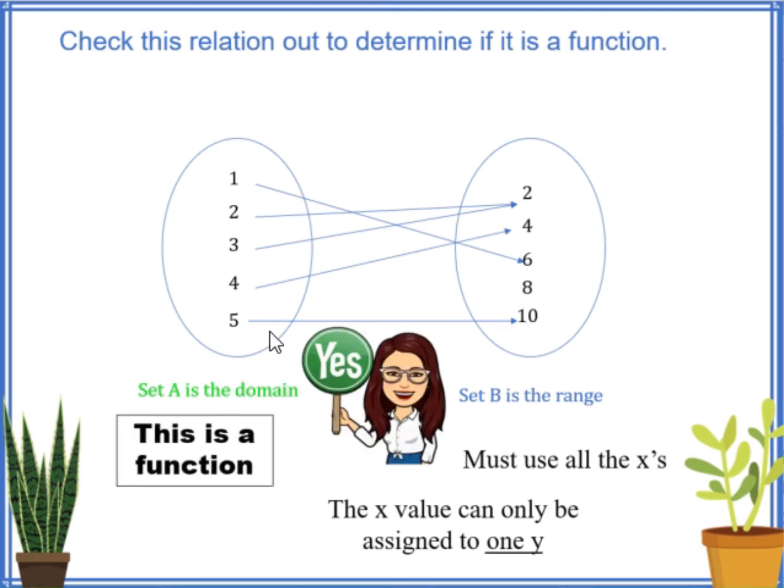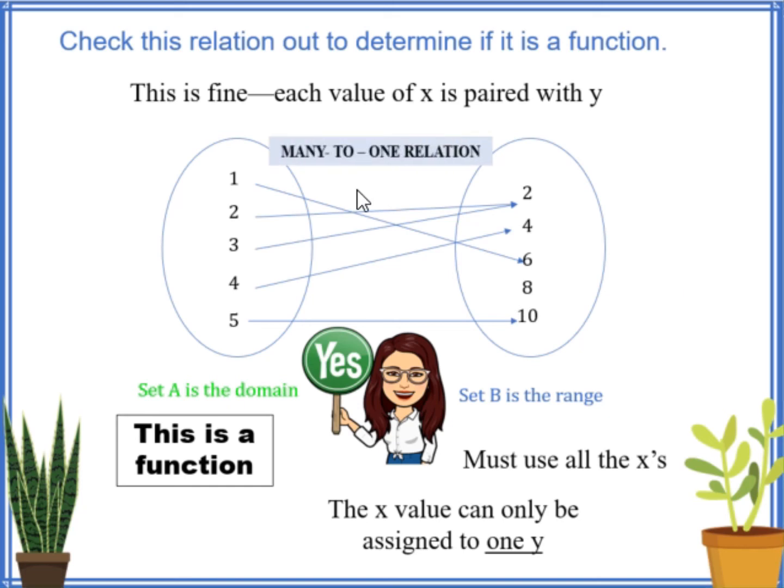Yes. We can consider this as a function as long as lahat ng value ng x ay may kapareha sa value ng y. Kahit dito, yung 8 na range natin ay walang kapares. Ang klase ng relation na makikita dito sa halimbawang ito ay many to one. And many to one is a function.